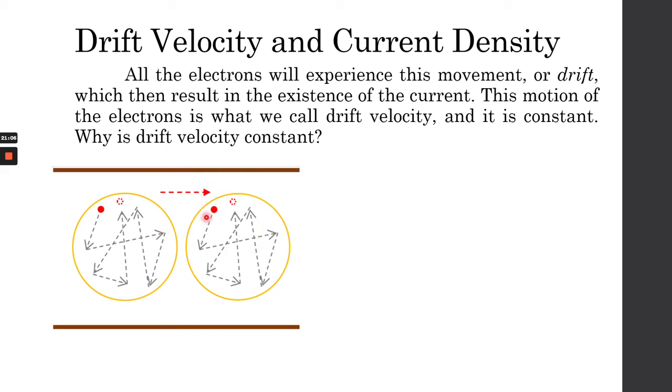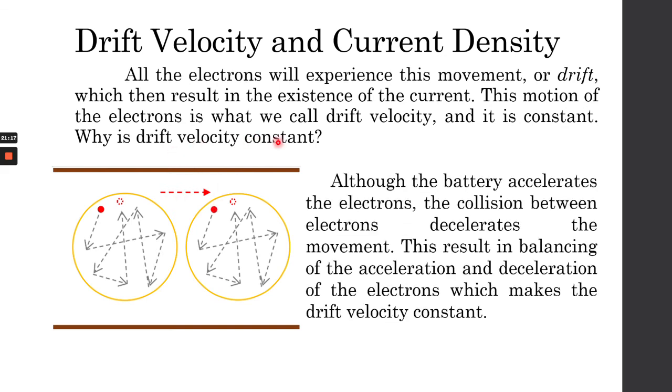So this drift velocity of our electrons would result in a current. And as I mentioned, it is very slow and very steady, because the drift velocity is actually constant.